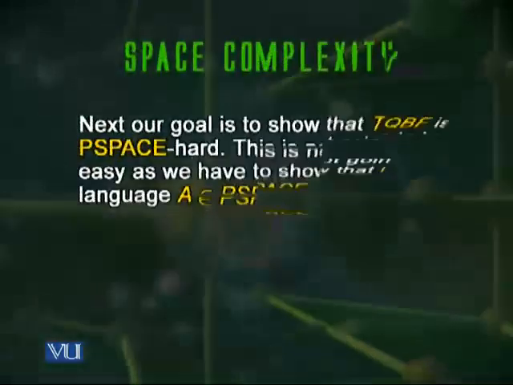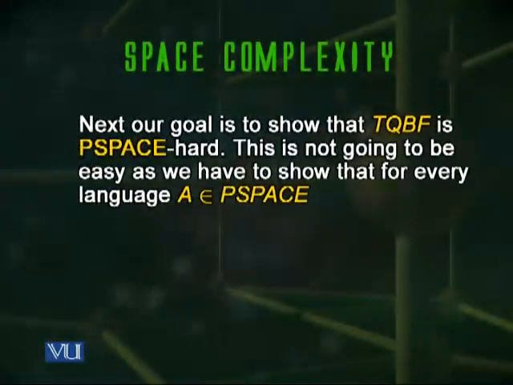If eval returns true, you accept, otherwise you reject. So you simply evaluate the quantified Boolean formula recursively using the definition, in order to come up with a polynomial space algorithm. Next, our goal is to show that TQBF is PSPACE-hard.